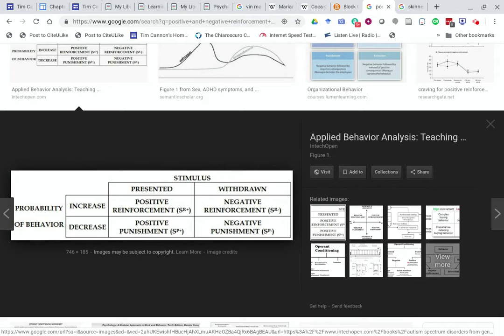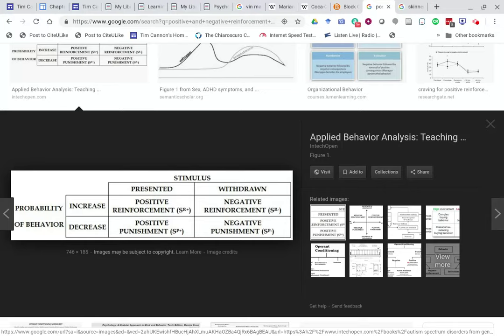This is so simple. But when I teach this, there are students who never master it. It's as if they're not able to think about more than one variable at a time. And here you have to think about two. So line 1, contingent upon behavior. Line 2, a stimulus is added to or withdrawn from the environment.